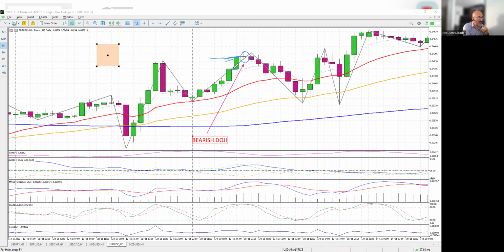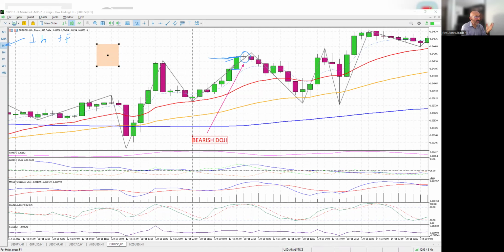Look at this. It's almost a marubozu. So it's very strong. And suddenly, the next candle, and I am watching the 1 hour time frame. So in the next hour, definitively, the buyers and the sellers do not agree, and they are pushing forces. So the opening price is the same as the closing price. That is a strong indecision.